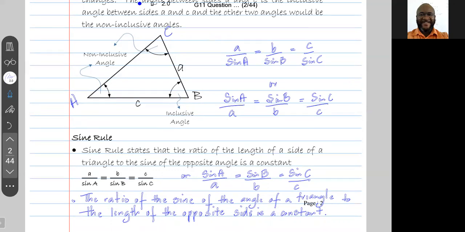Now, in this equation, capital A, B, and C are the angles because you can only find the sine of an angle, and small a, b, and c are the sides. So in other words, the ratio of the sine of an angle of a triangle to the length of the opposite side is a constant.